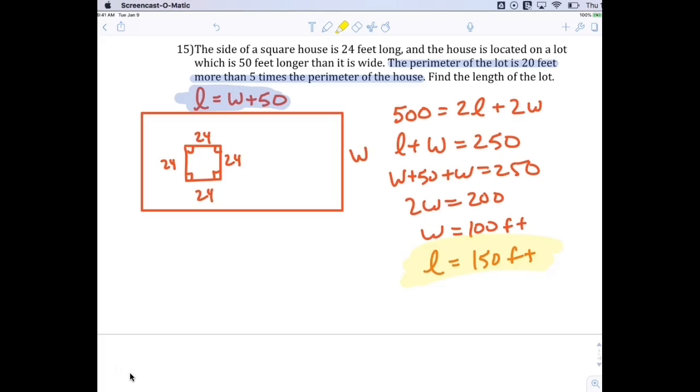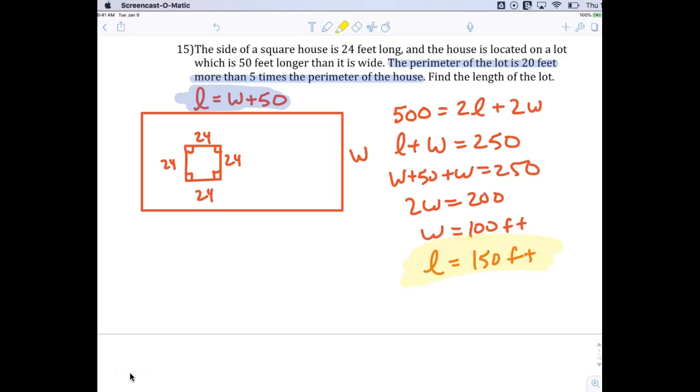Don't you divide by 2 afterwards though? Because there's like 2 lengths. I already divided by 2 up here. Look, the length and width have to add up to what? 250.